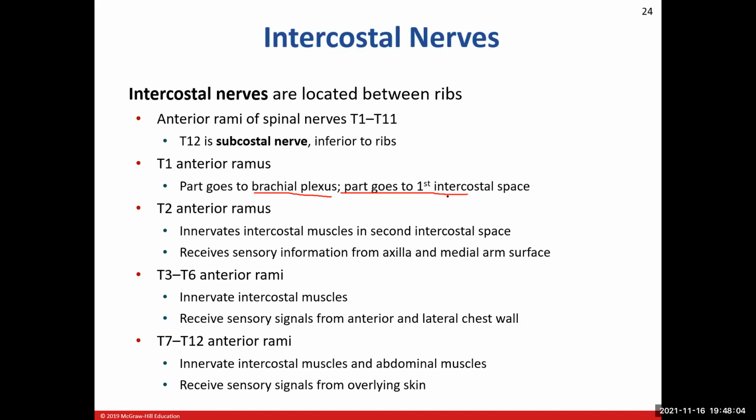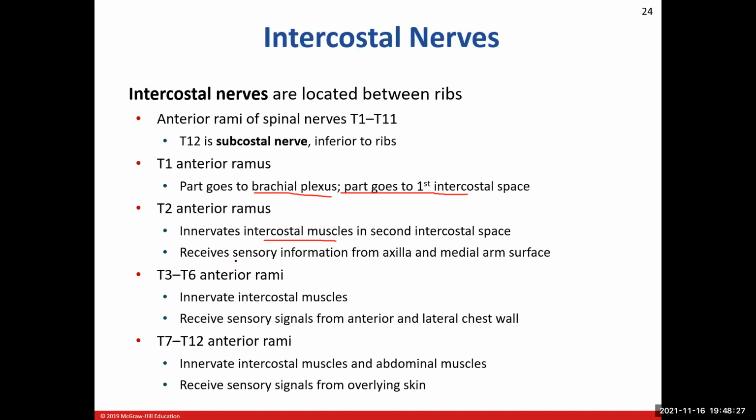Right, so we'll get sensory input from a specific area, and then we'll see motor output to specific skeletal muscles. So the T2 anterior ramus is going to innervate the intercostal muscles that we are going to see in our second intercostal space. That'll be between ribs 2 and 3.